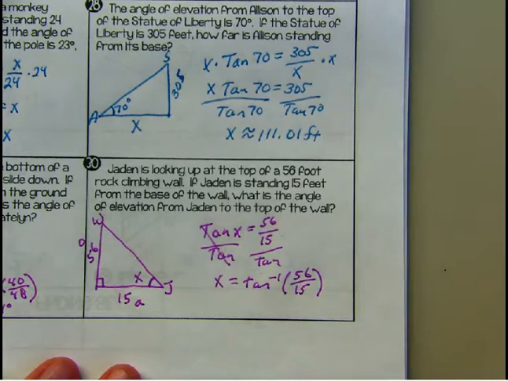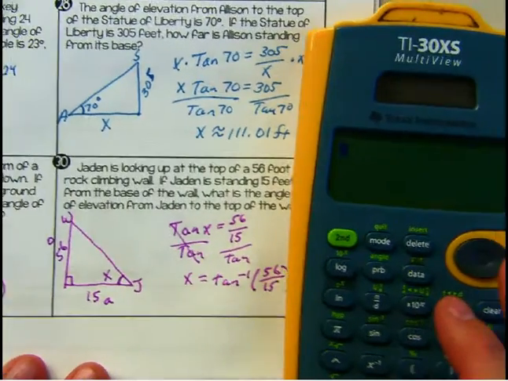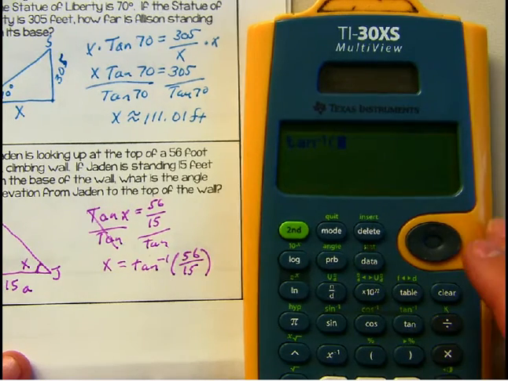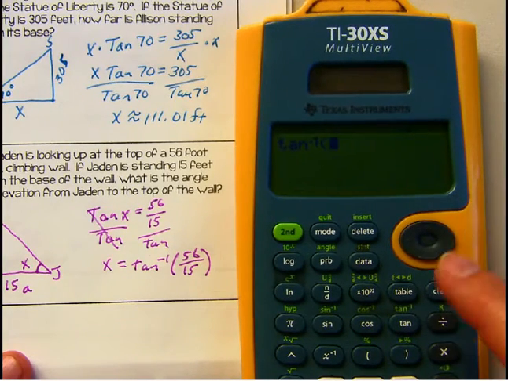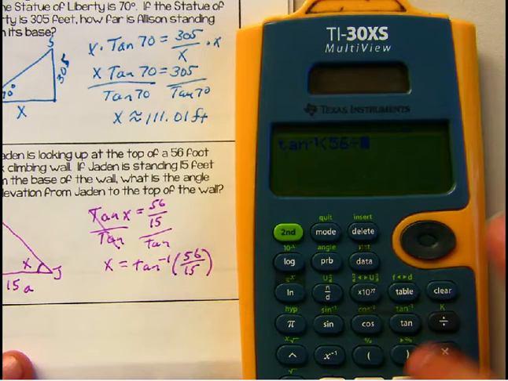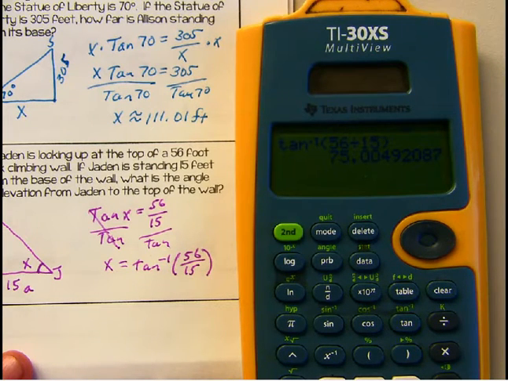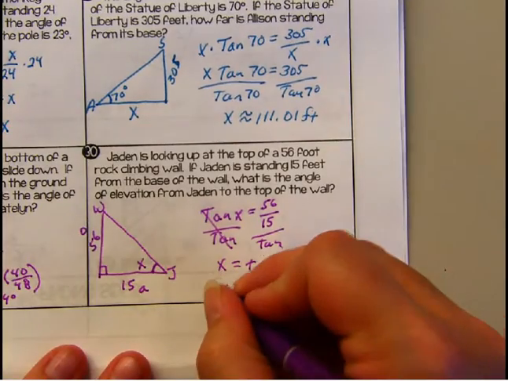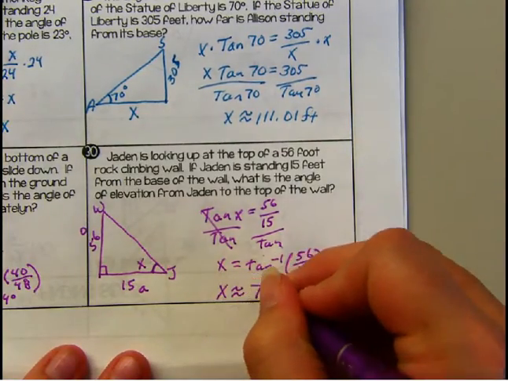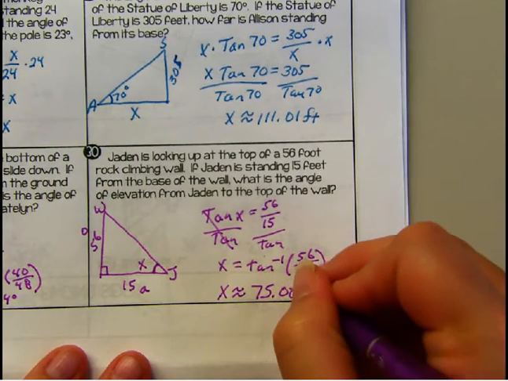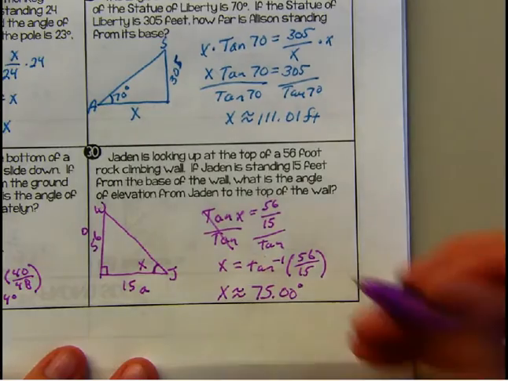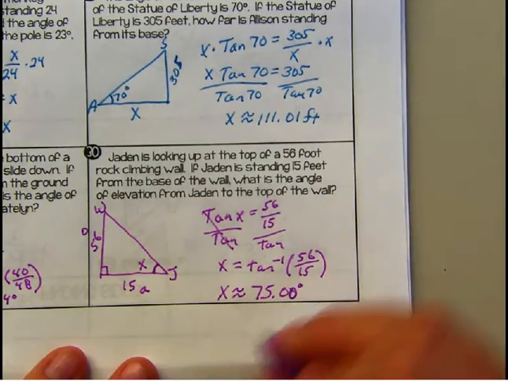When we plug that into our calculator, second tangent, so we have tangent to the negative 1 of 56 divided by 15, and we get 75.00 degrees. So x is approximately 75.00 degrees. Since we're going to the nearest hundredth, we do want to have those zeros in there because there was something after it.